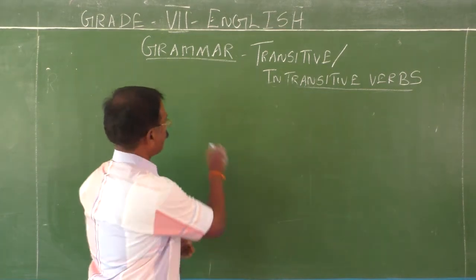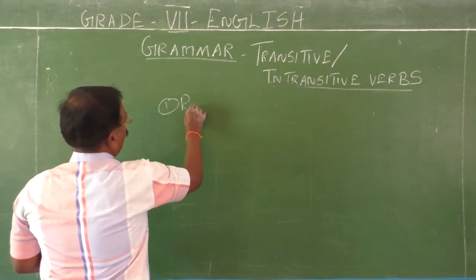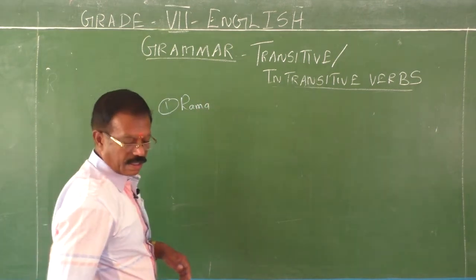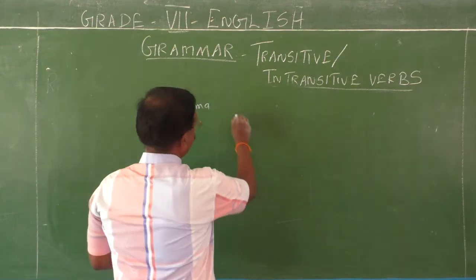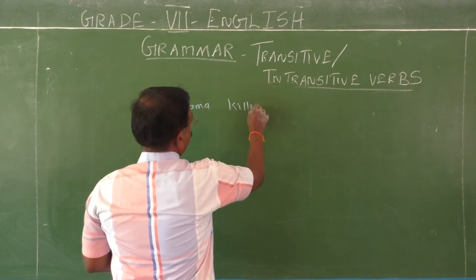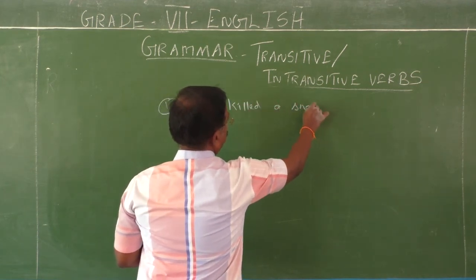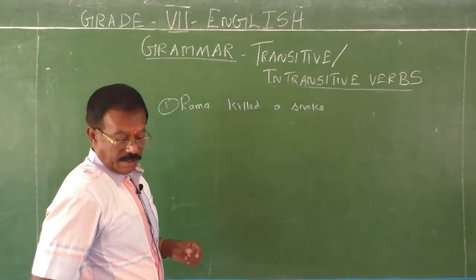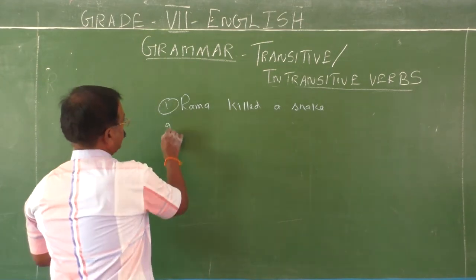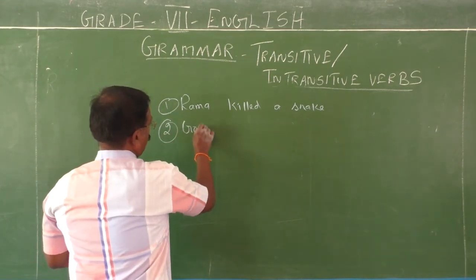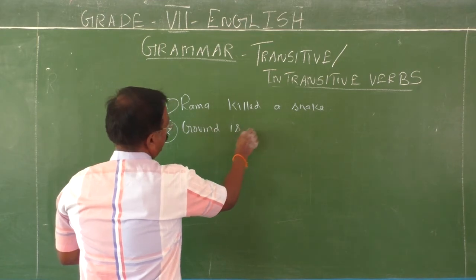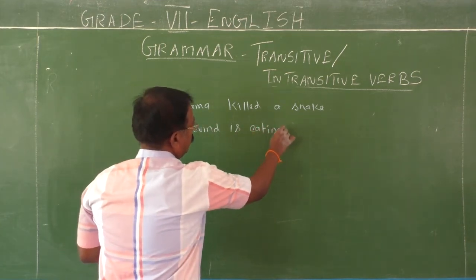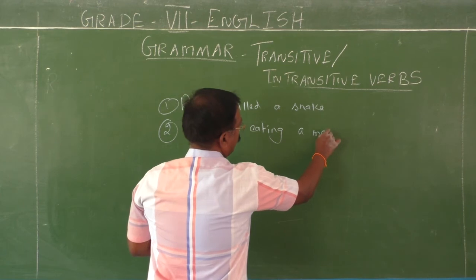See, now I will give you some examples, children. Carefully listen. Rama killed a snake. Govind is eating a mango.